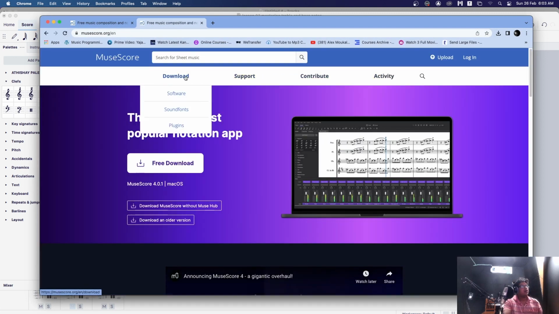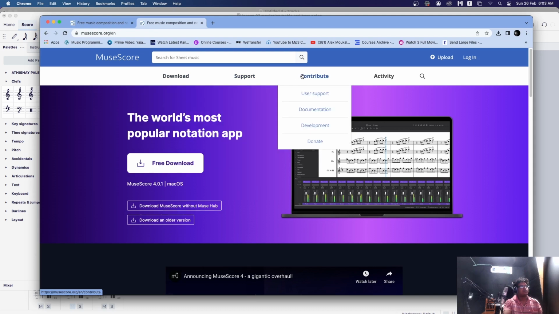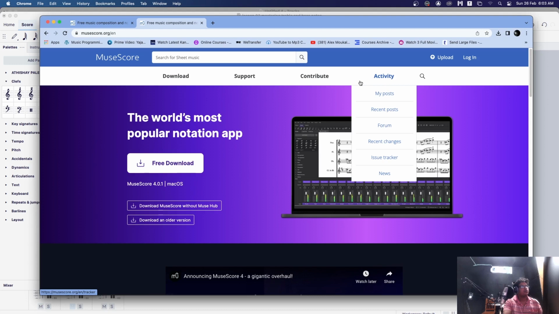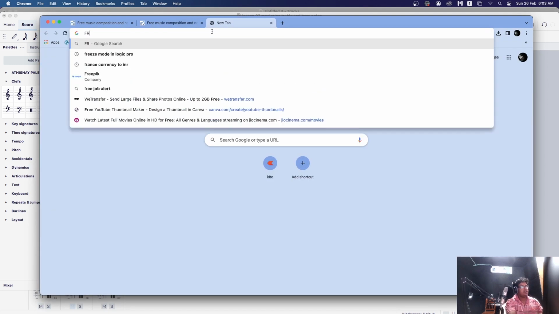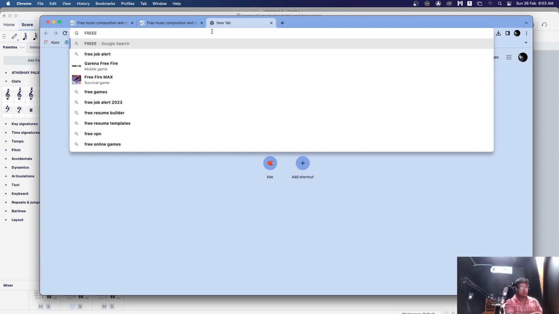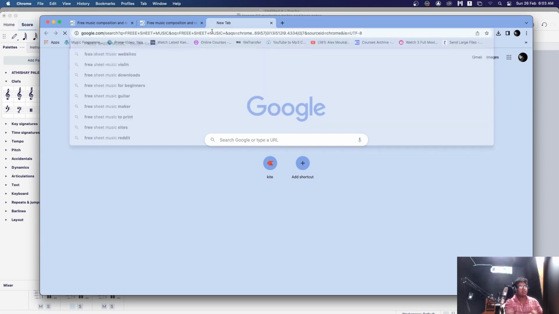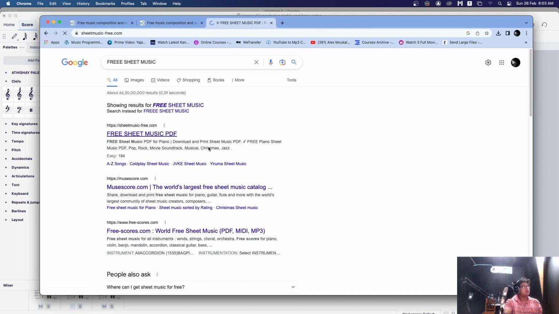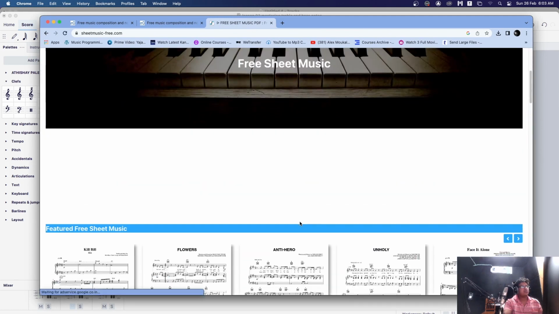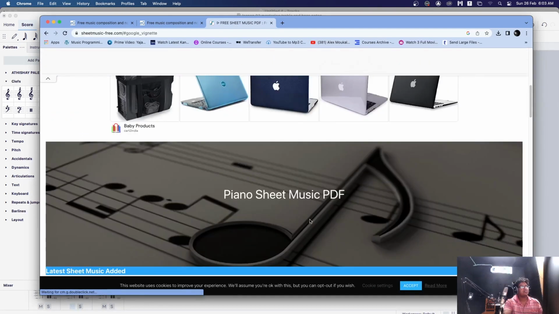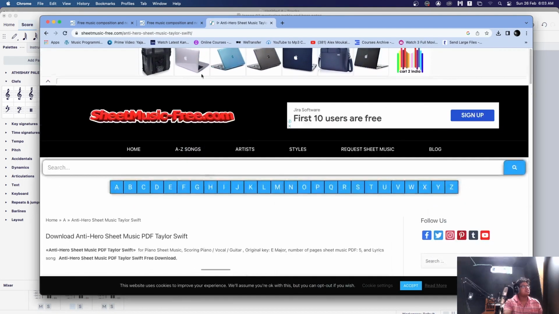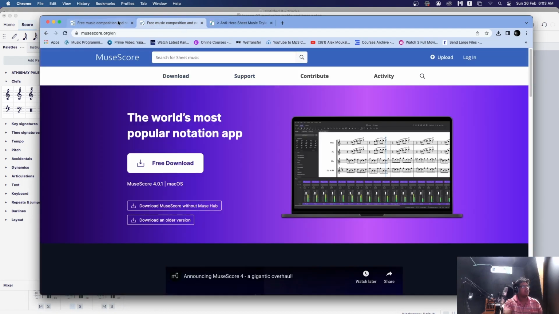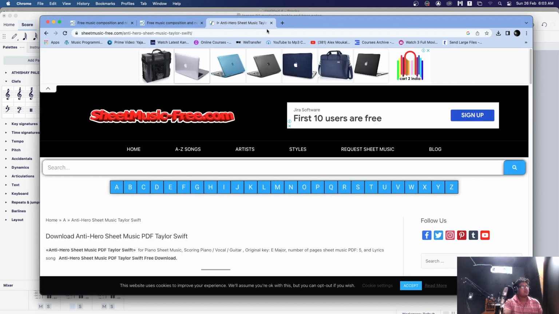Wait, I wanted to show you some free sheet music. You get a lot of websites. Likewise, you can download and just start naming the notes initially. Okay, you can do that.